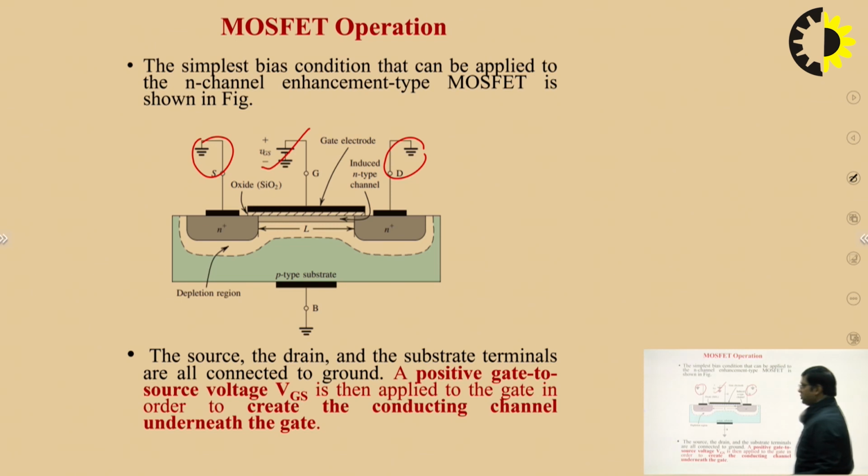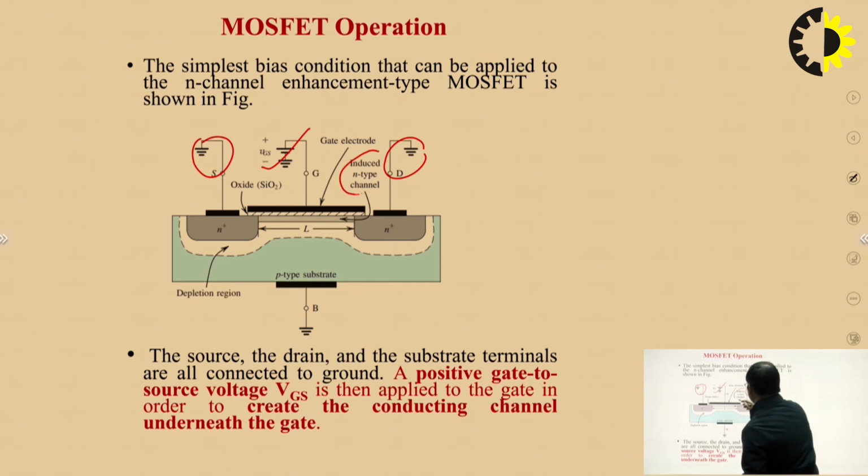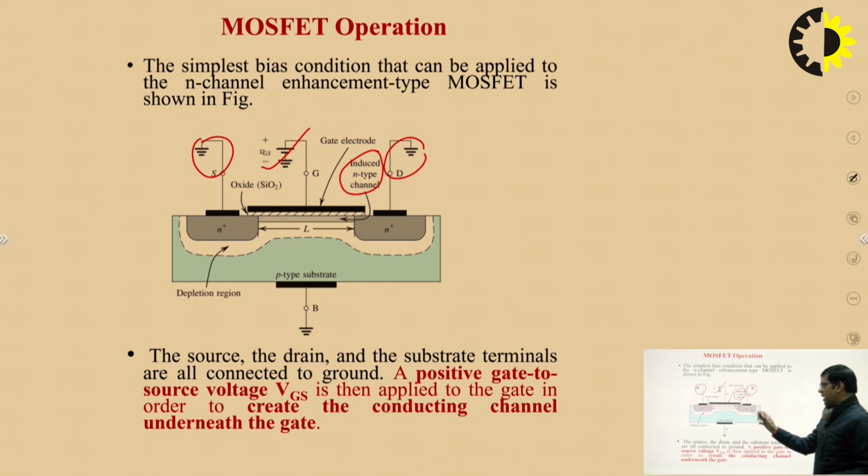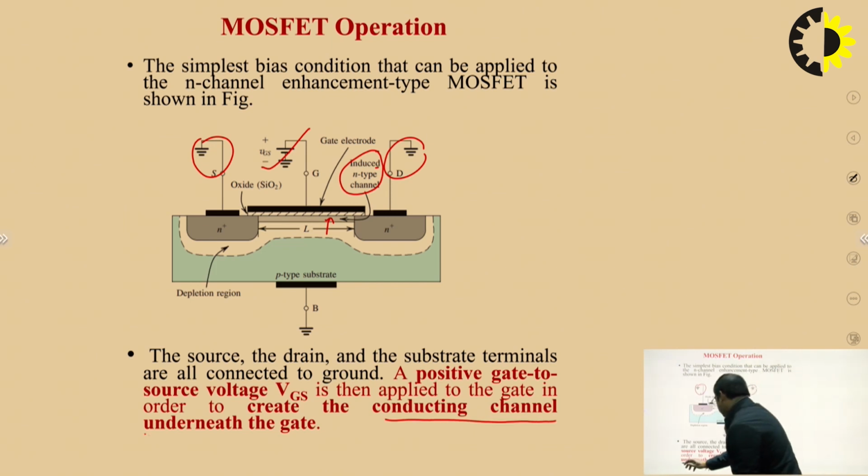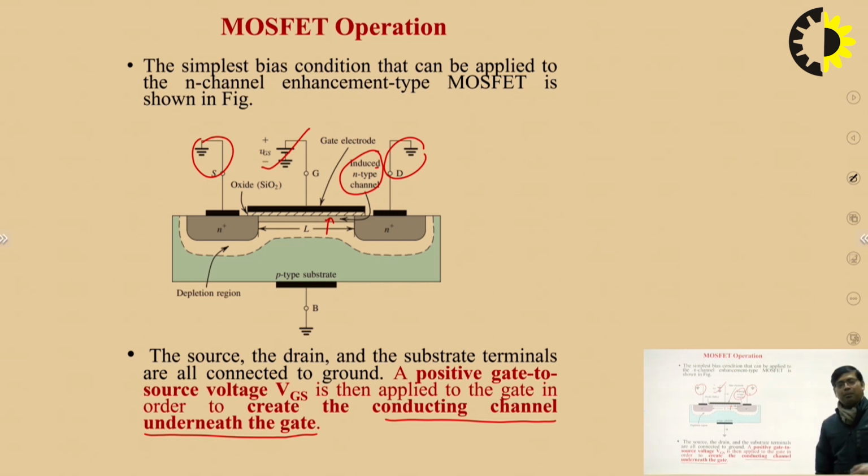Here we can see that an N-type channel is induced between source and drain regions underneath the gate. So we can see a conducting channel underneath the gate when we have applied a positive gate voltage at the gate terminal.